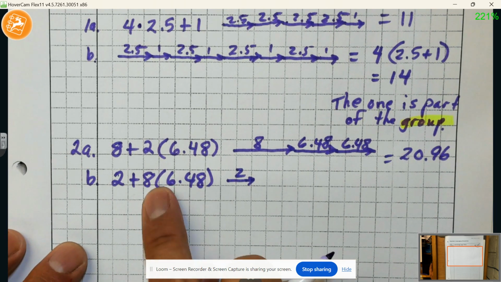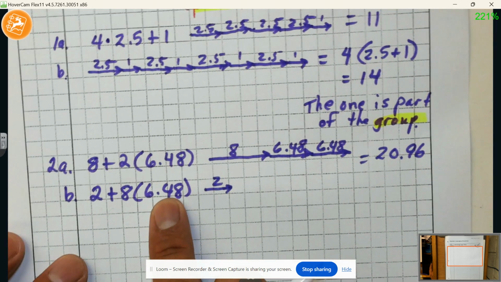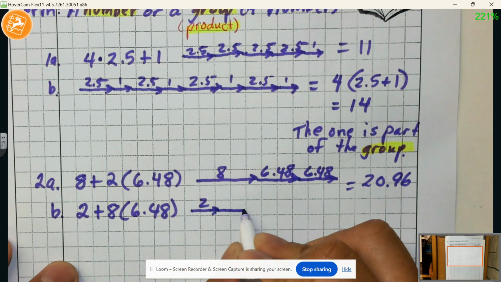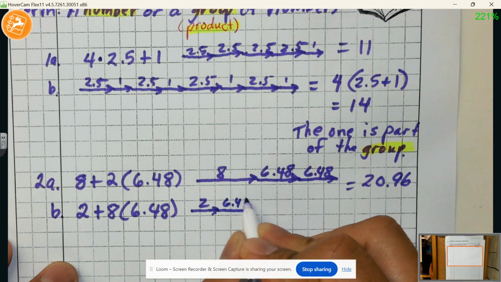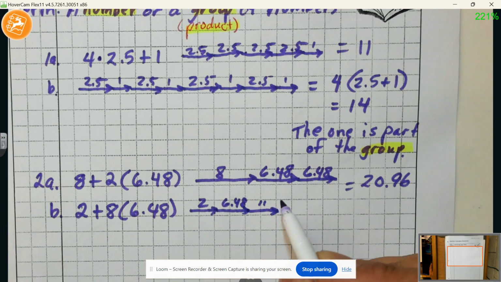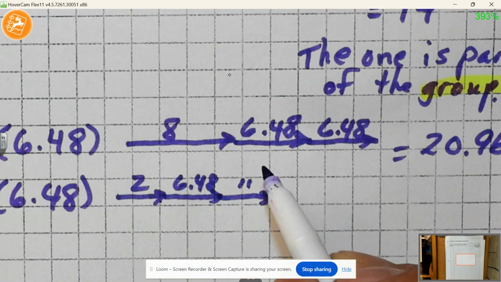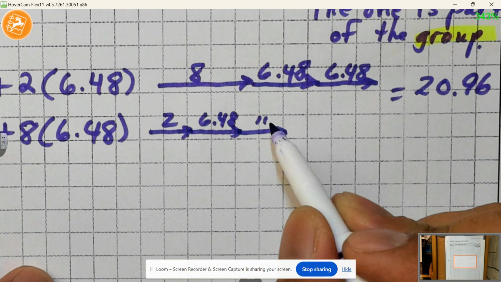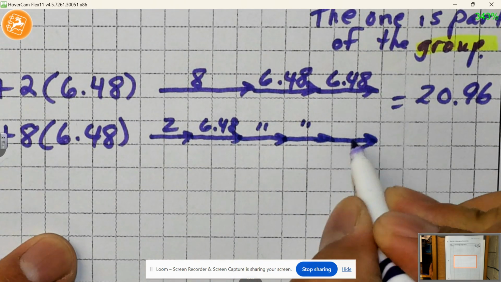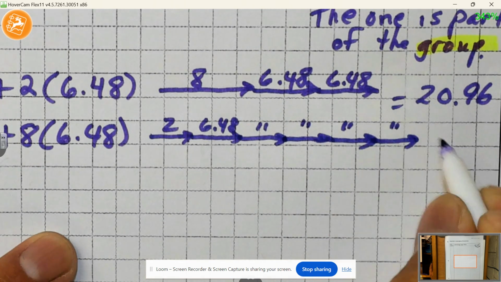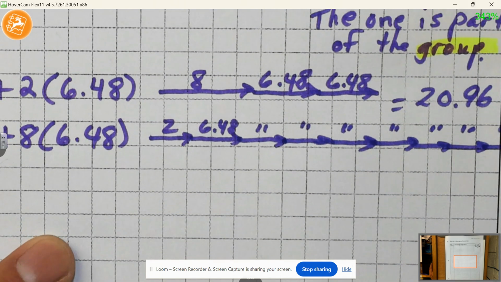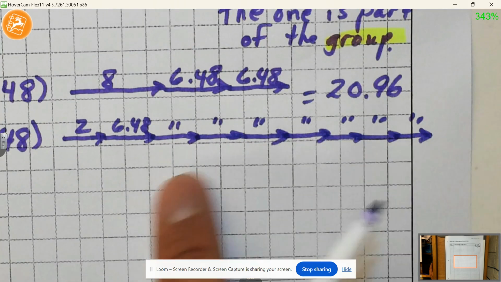And then here's where our groups are. We have 8 groups of 6.48. So now that gives us 6.48 and then 6.48. Let's just put a ditto mark. This is kind of like a quotation mark, but it means ditto. Copy what goes there. So that's 2 groups, 3 groups, 4 groups, 5 groups, 6 groups, 7 groups, 8 groups of 6.48.